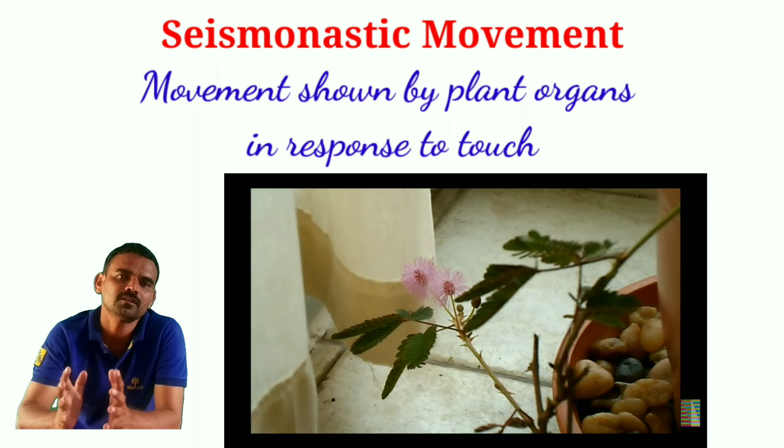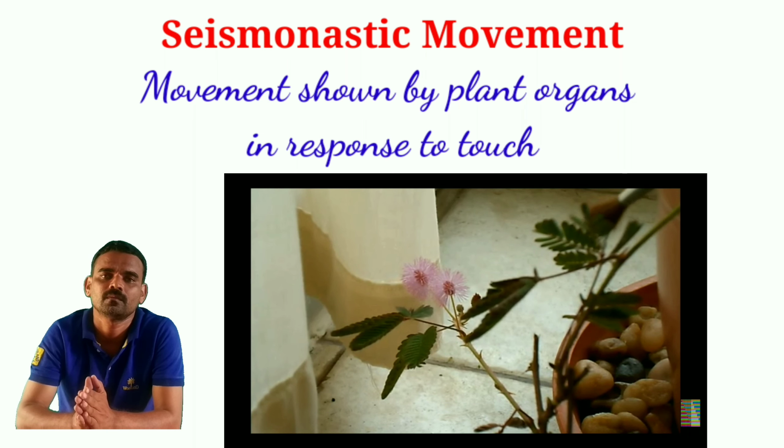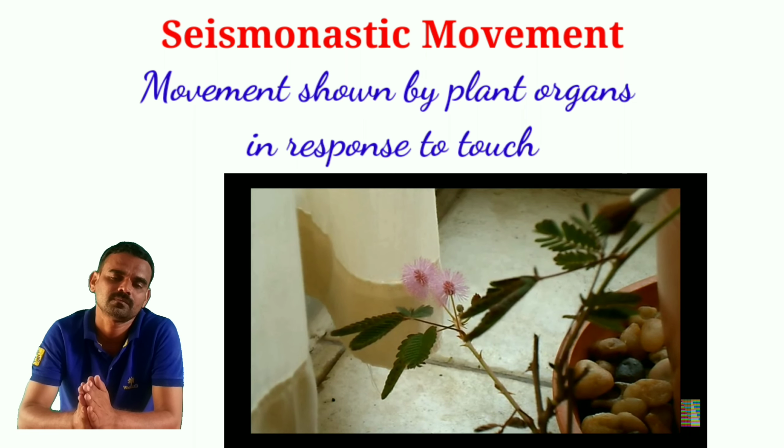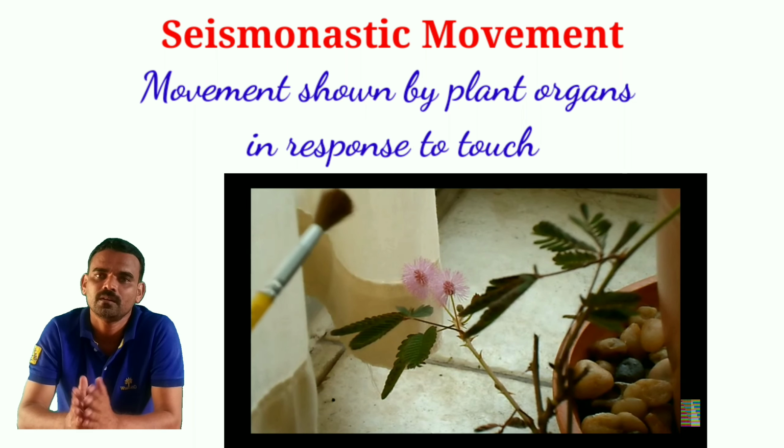When we touch Mimosa pudica or any sensitive plant, it shrinks or closes its leaves, and after some time it again regains its original shape or opens its leaflets. Such type of movement is known as seismonastic movement.